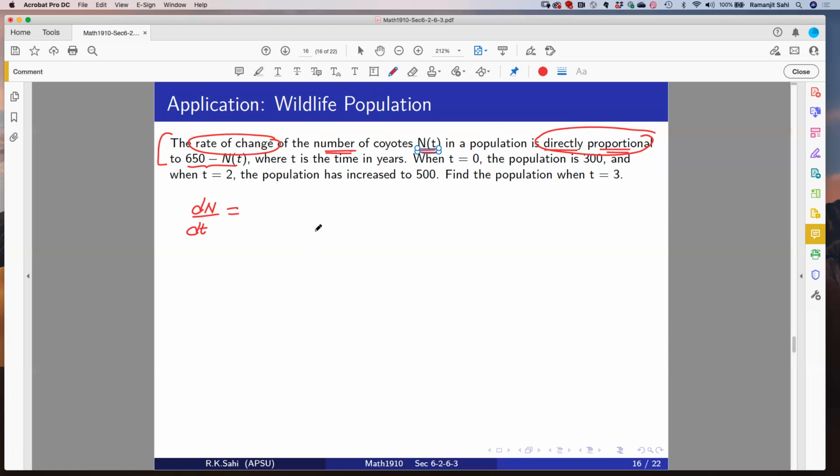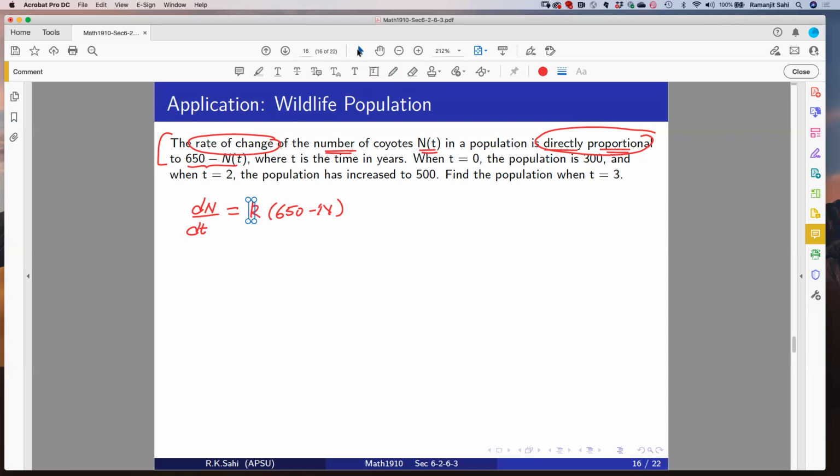So what does that mean? It is k times 650 minus n. This is our differential equation.